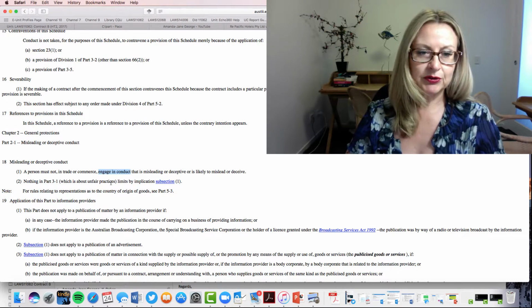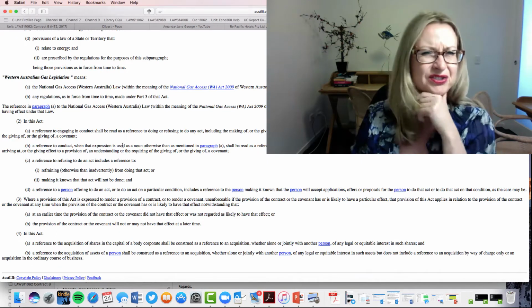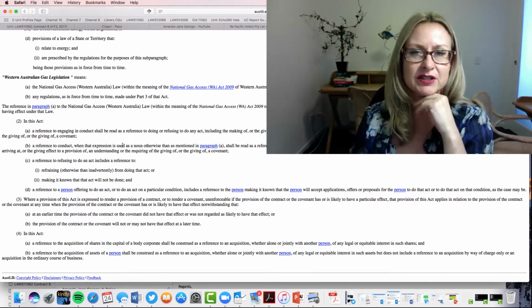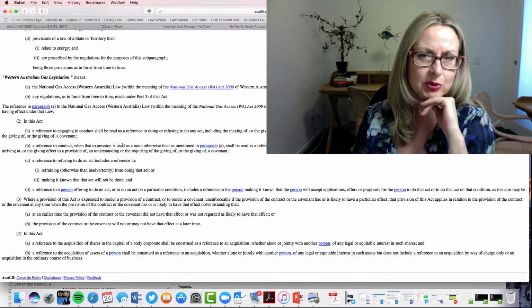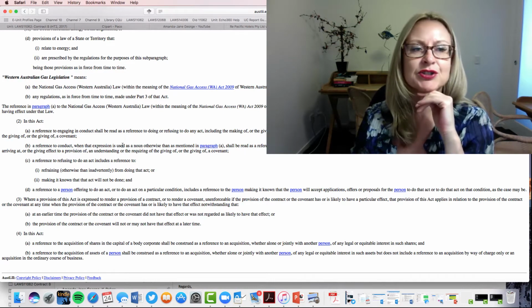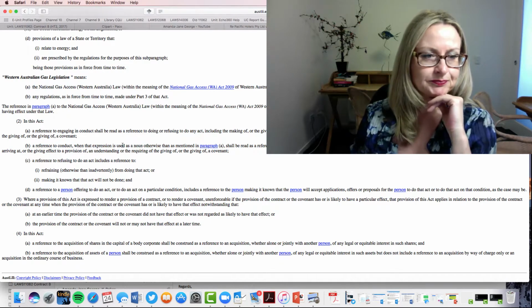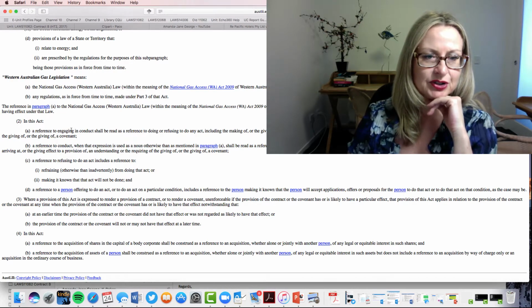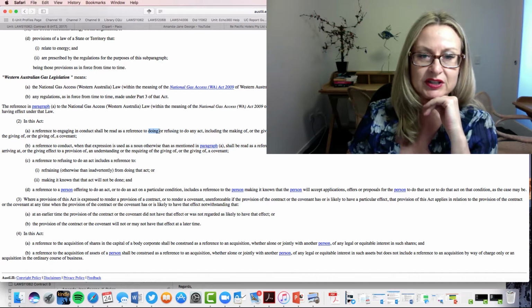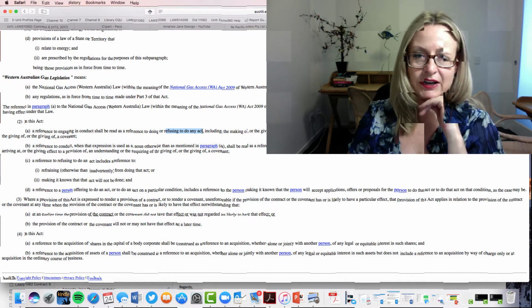If you have a look at the definition of conduct, by section 2 here, it's a little bit confusing, but the text actually means, if you skip back to section 4 in the main body of the legislation and go down to sub-paragraph 2 of section 4, you'll see that a reference to engaging in conduct is doing something or refusing to do any act.